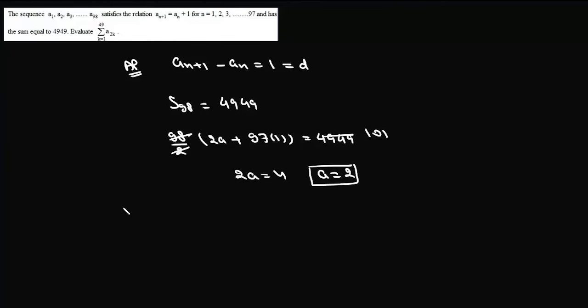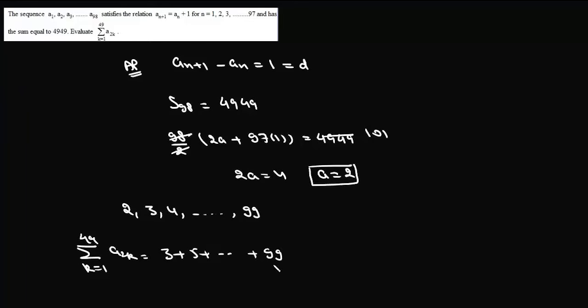So this series is 2, 3, 4 up to 99. That says we have to evaluate this series where k varies from 1 to 49 and this is A to k. That means we are talking about the second term, fourth term, so it will be 3, 5 up to 99, and what we'll do is we'll add 1 and subtract 1.